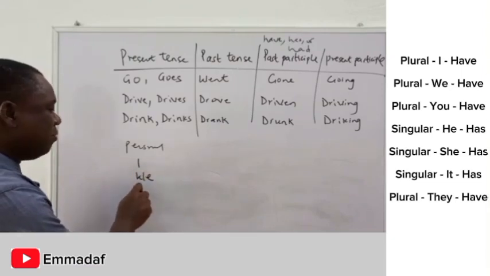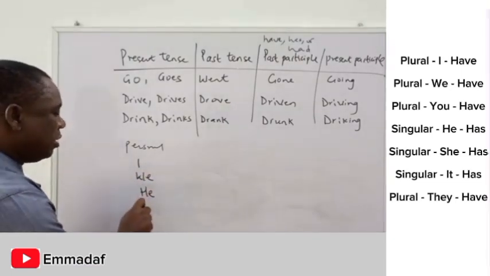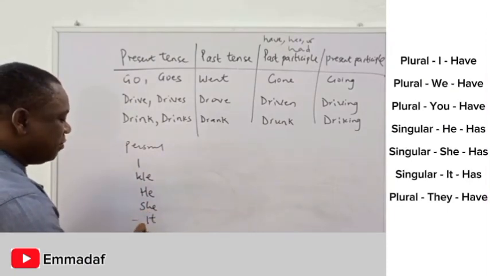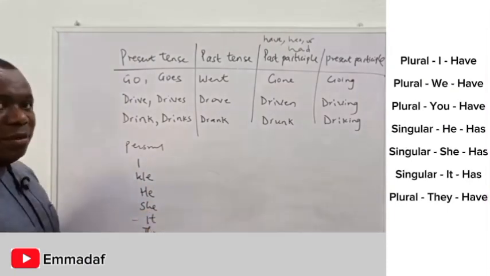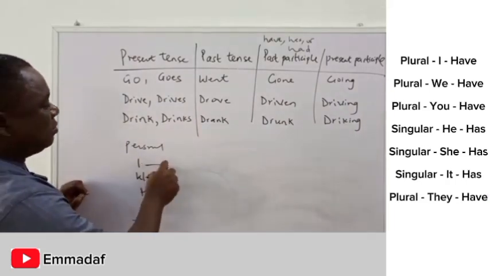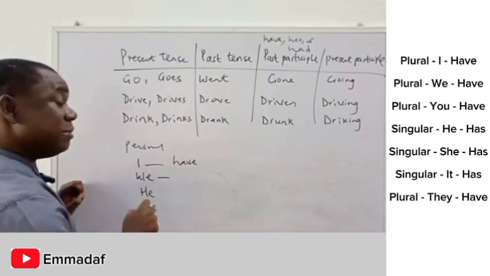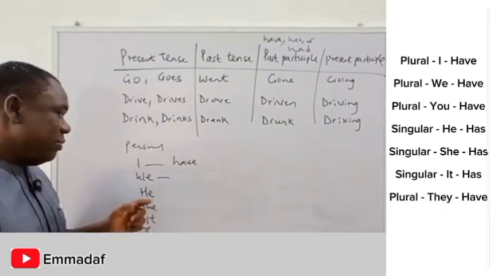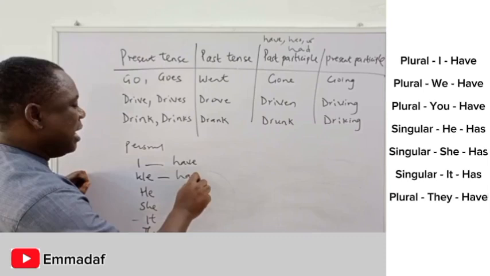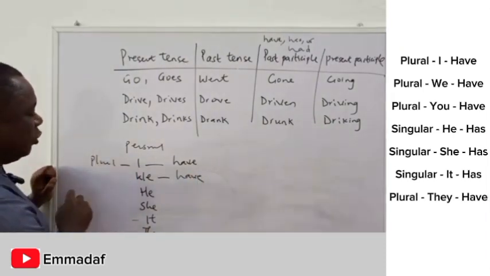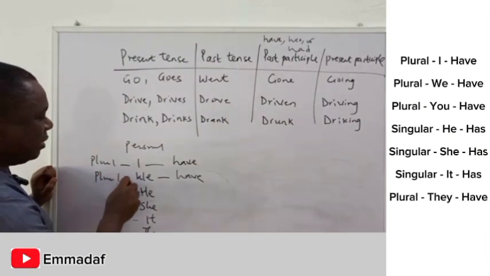I, we, he, she, it, and they. Now this goes with have, because many students have difficulty with this. This goes with have. So this is plural, this is plural.